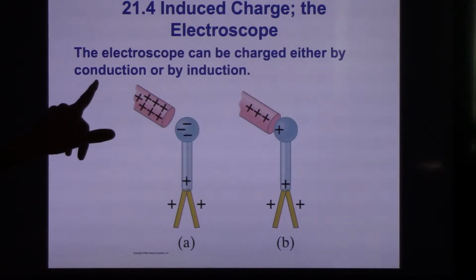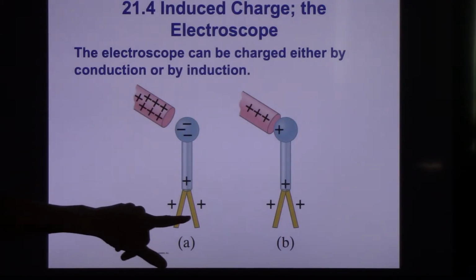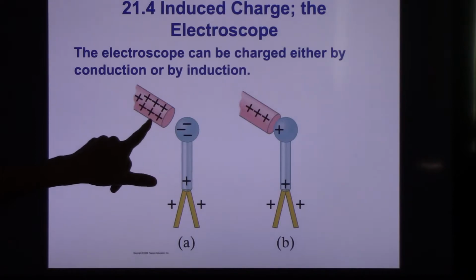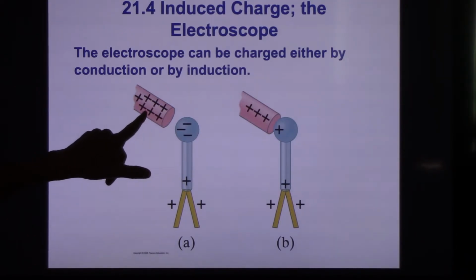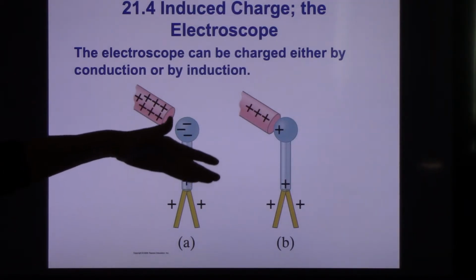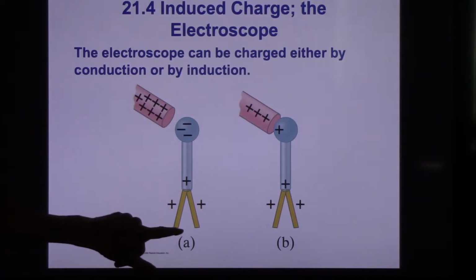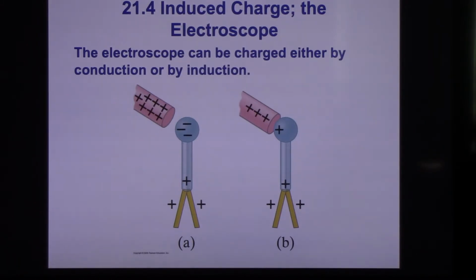If we now bring in a positively charged object, for example, this is induction. We haven't made contact yet. But what we have done is the electrons are being pulled towards this spherical end of this, and that leaves a depletion of electrons in the gold foil. And positives repel each other, so we can see this effect as the gold foil pushes away.